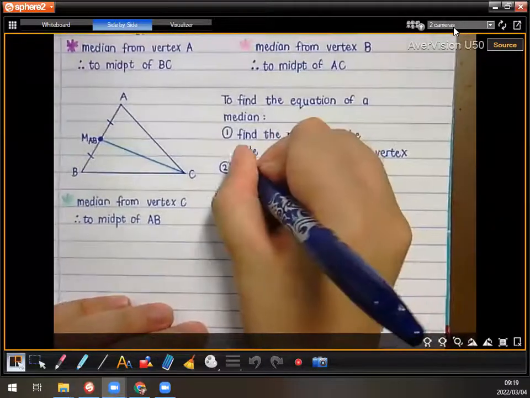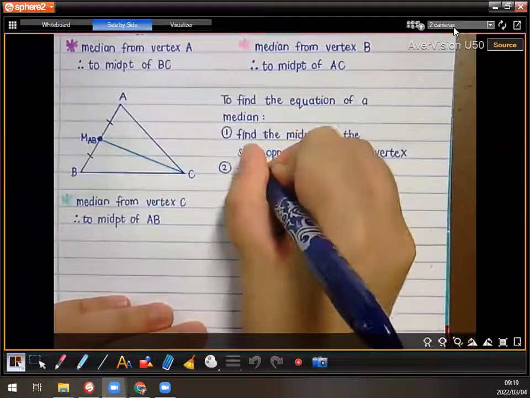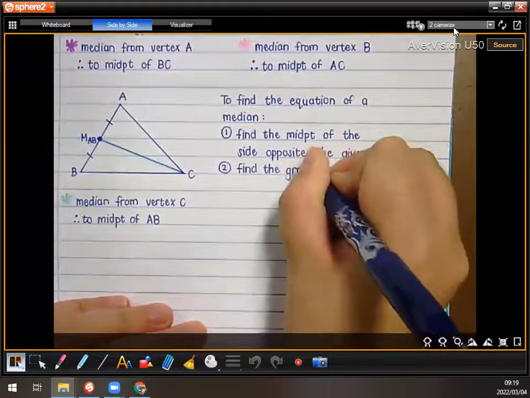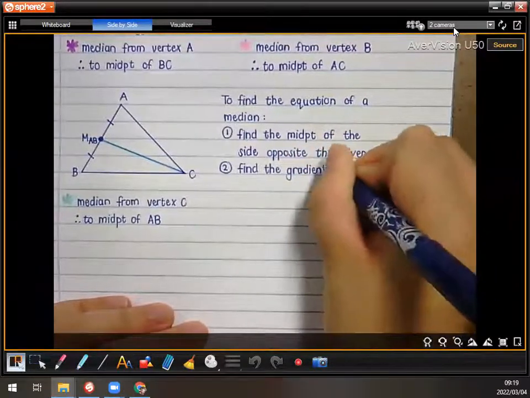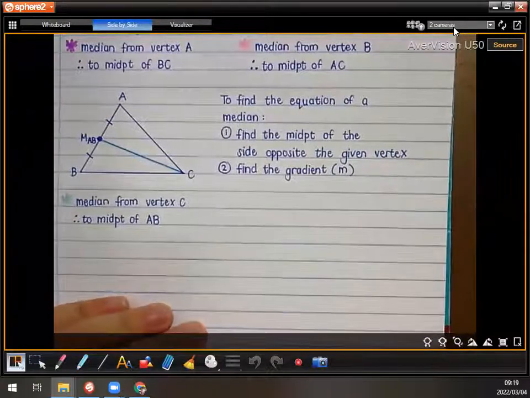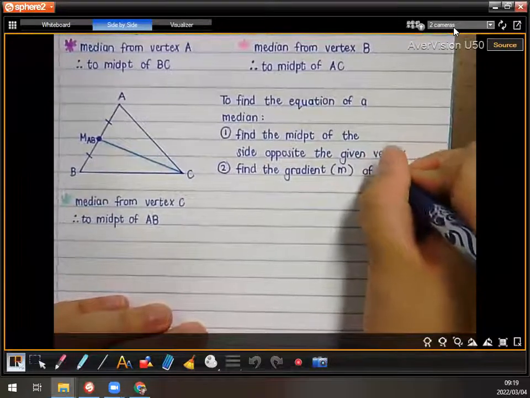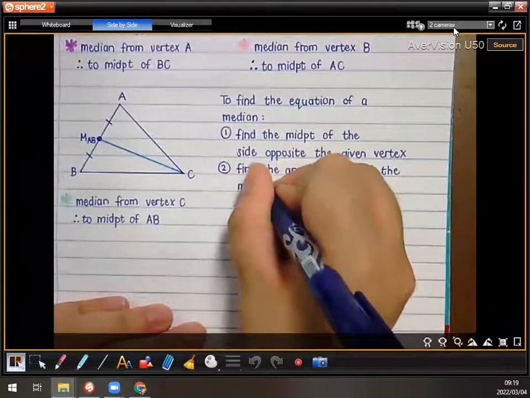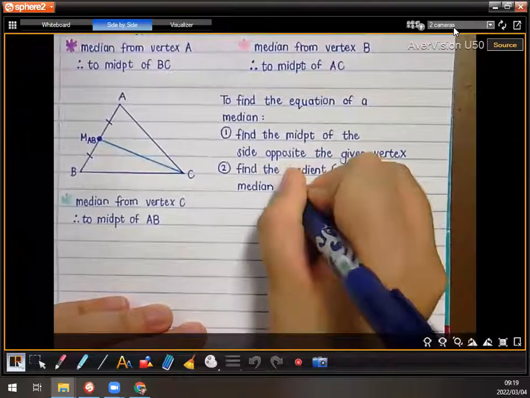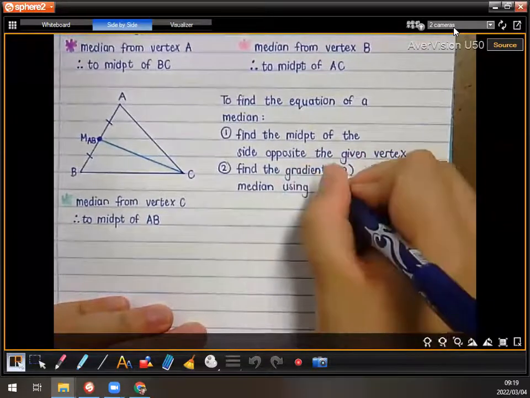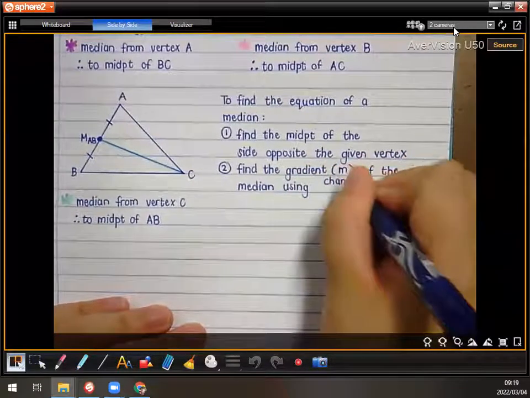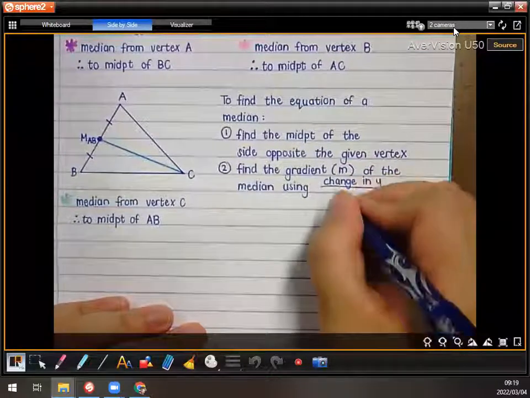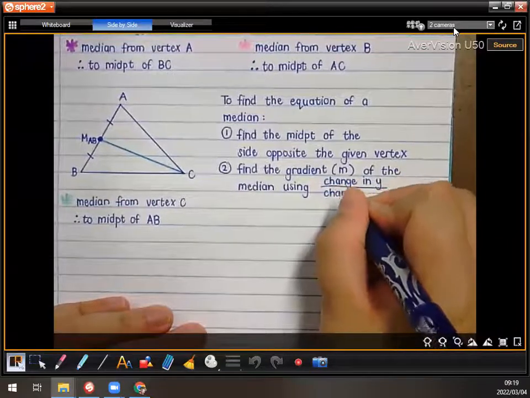So find the gradient, which is m, I'll just put that in brackets, of the median using change in y over change in x.